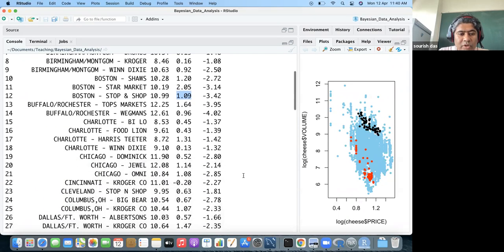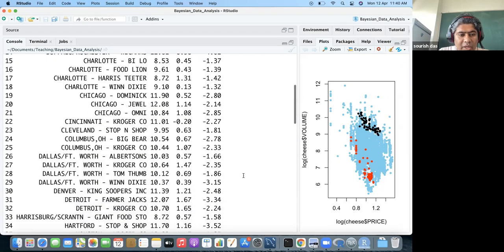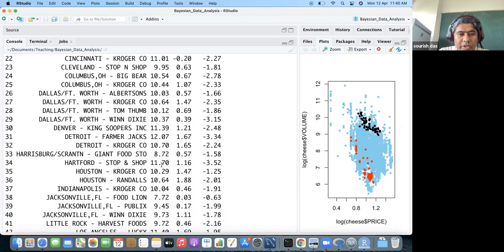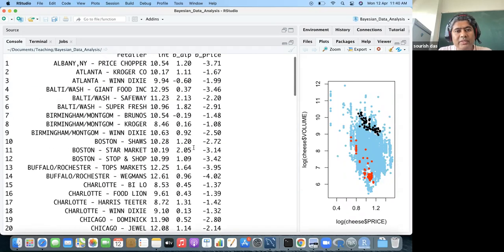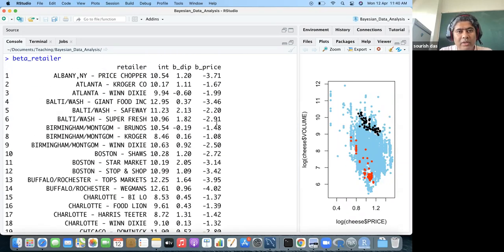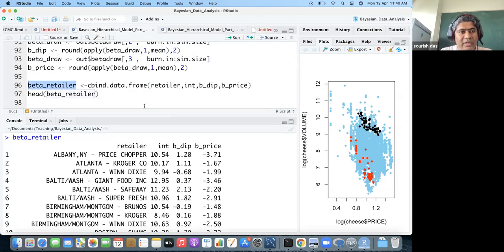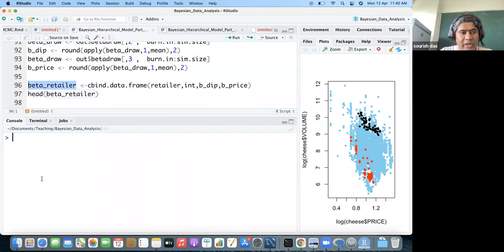Similarly, for the Hartford Stop and Shop, it was able to estimate, and it is somewhere around 1.16. Most likely it will be near the average of all the estimates.